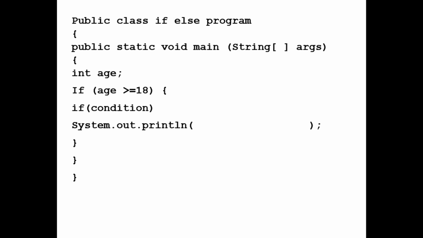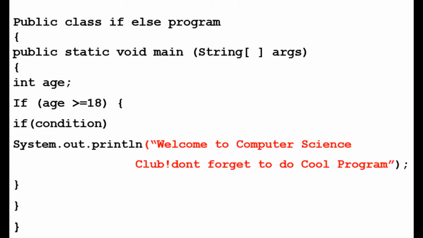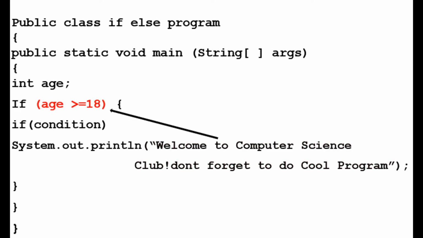I can use System.out.println and say "Welcome to computer science club, and don't forget to do this cool program." So if the user's age is greater than or equal to 18, this statement will be executed. When this statement is encountered, the condition is checked whether the value stored in the age variable is greater than or equal to 18.